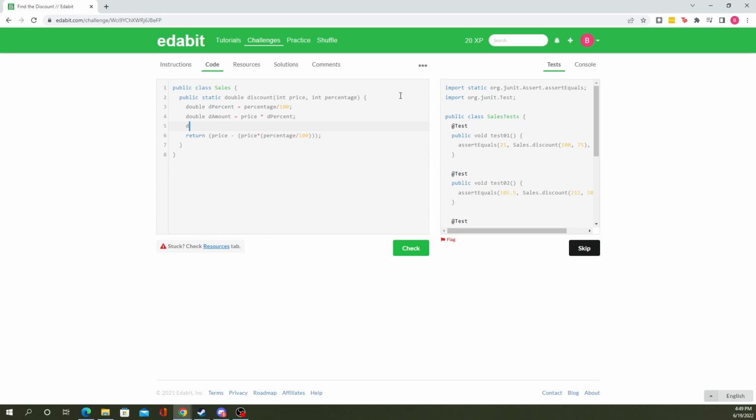Sometimes you have to do it like this just so you can reason about it. Let's do final amount, which is price minus D amount, which will give us the final price. And then instead of this nice little clean one-liner, we will return final amount.